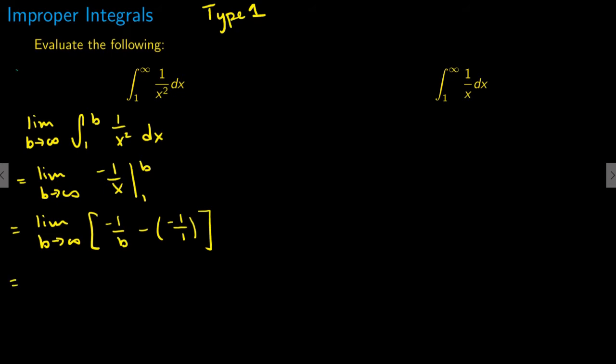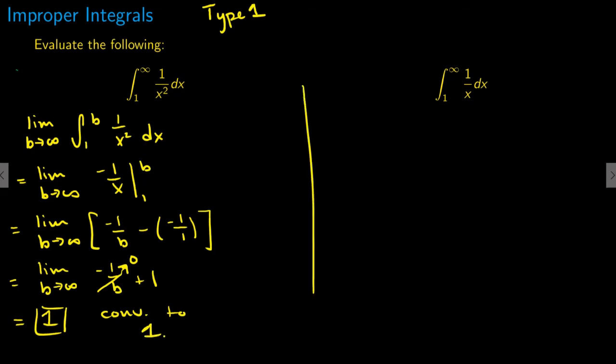So this just becomes the limit as b goes to infinity of negative 1 over b plus 1. And we know that negative 1 over b as b goes to infinity is just going to go to 0. And so we're just left with 1. So we'll say that this integral converges to 1.